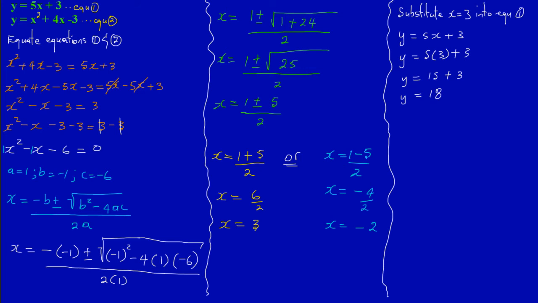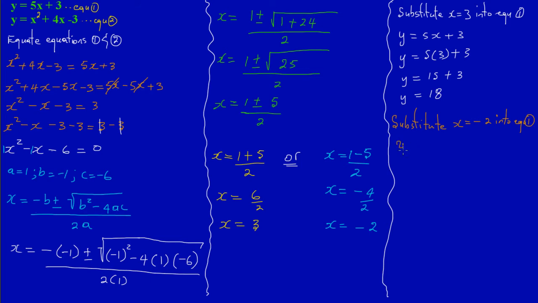So now I need to find what my corresponding y value is when x is equal to negative 2. So I'm going to substitute x is equal to negative 2 into equation 1 also. Same equation, it doesn't matter.